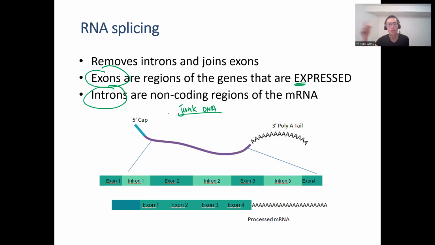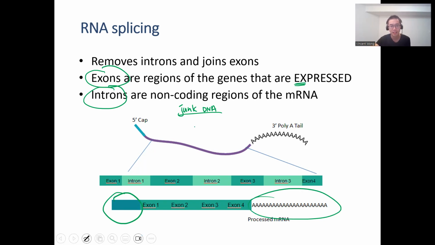So for post-transcriptional modification, we're going to add the 5' cap, add the poly A tail on the 3' end, remove all the introns, and then stitch together the exons. Now it is ready. This is the final messenger RNA that can leave the nucleus and go into the cytoplasm.